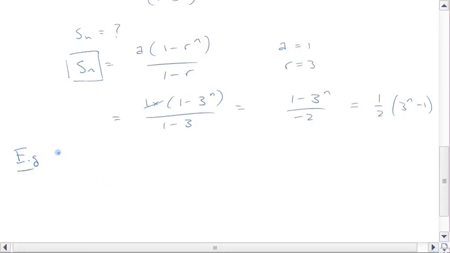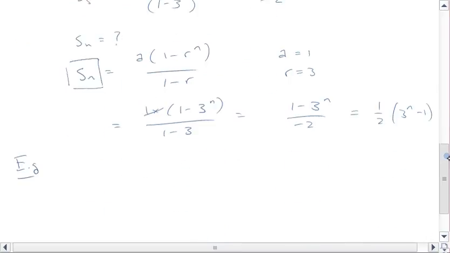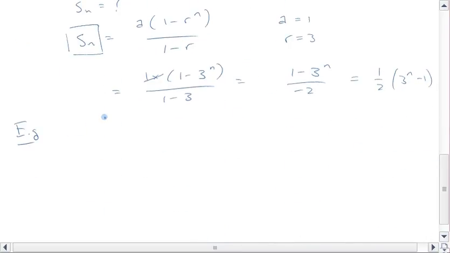So let's start out with Tn equal to 4 times 3 to the power of n minus 1.